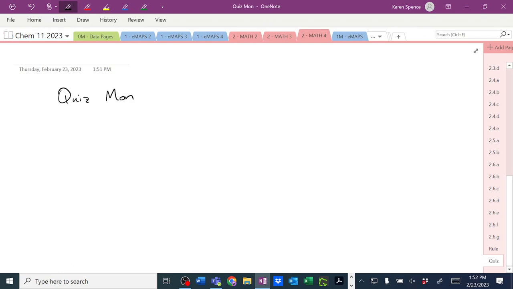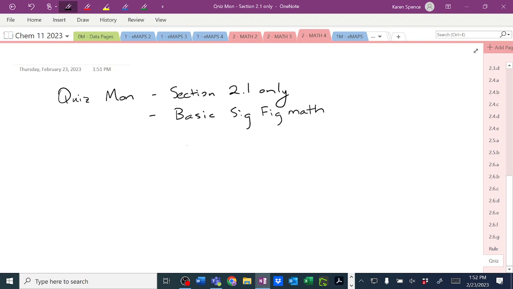It is only on basic sig figs, no scientific notation. So section 2.1 only. Basic sig fig math. No scientific notation.